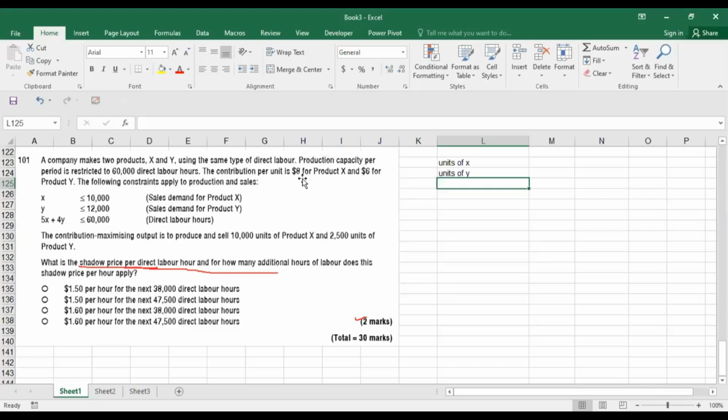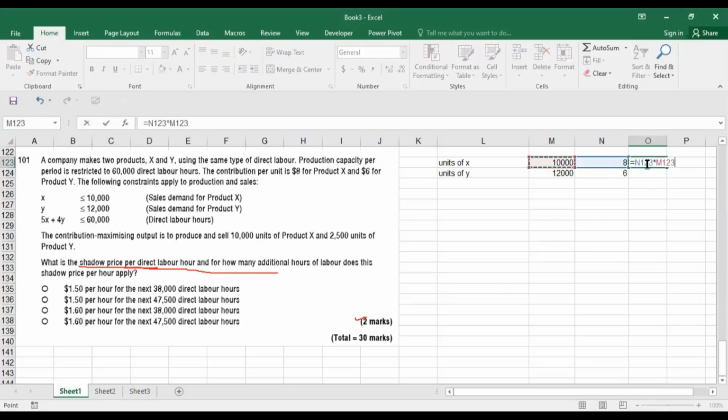The contribution per unit is $8 for X and $6 for Y. And then you have sales demand for products X and Y: 10,000 units of X and 12,000 units of Y. The contribution per unit of X was 8 and of Y was 6. So the contribution we can achieve from our existing scenario is 152,000, if I'm not wrong.